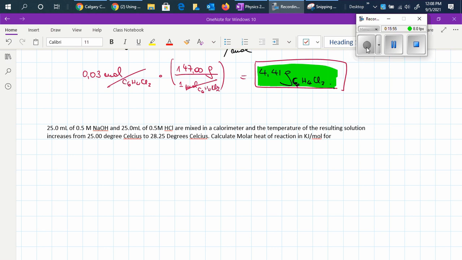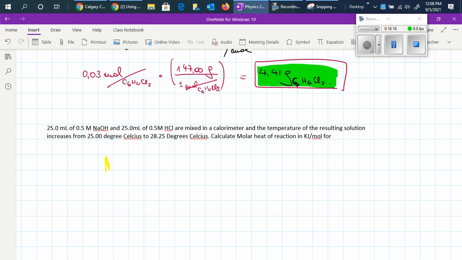So now the very first step is we will write a balanced chemical reaction. If you remember from the review that we did at the beginning of the course, where a base and an acid react together, neutralization is happening.